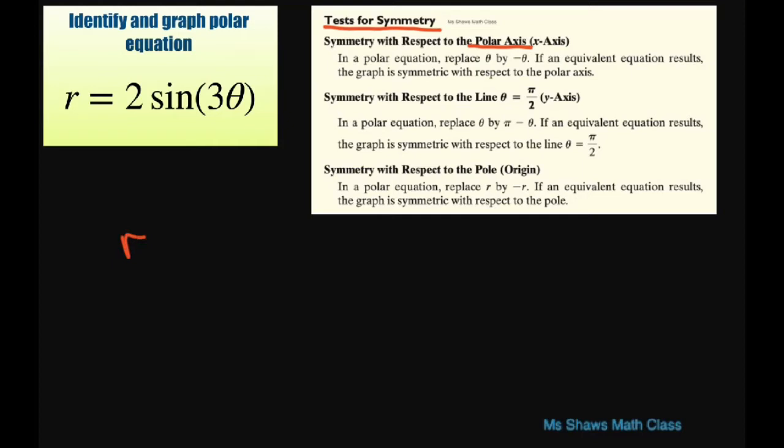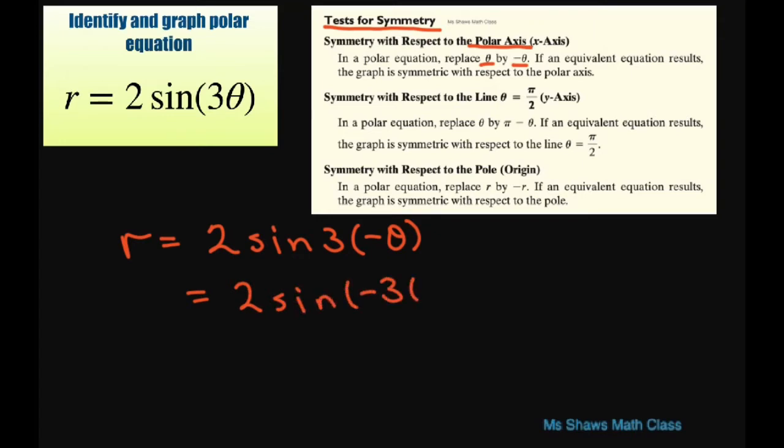And we do this by writing r equals 2 sine of 3 times negative theta. We're substituting in our theta with negative theta. This is going to give us r equals 2 sine of negative 3 theta.